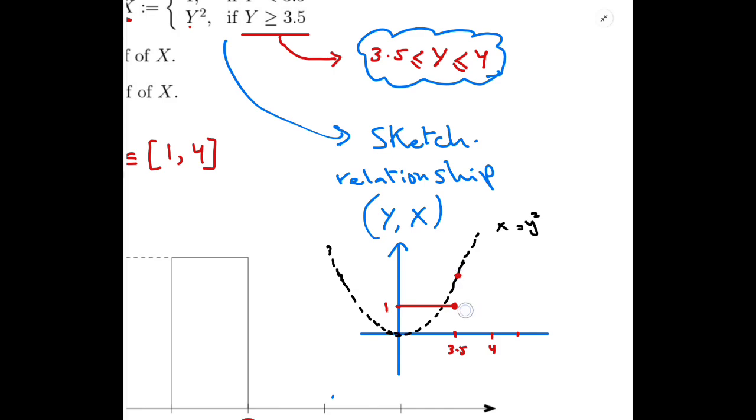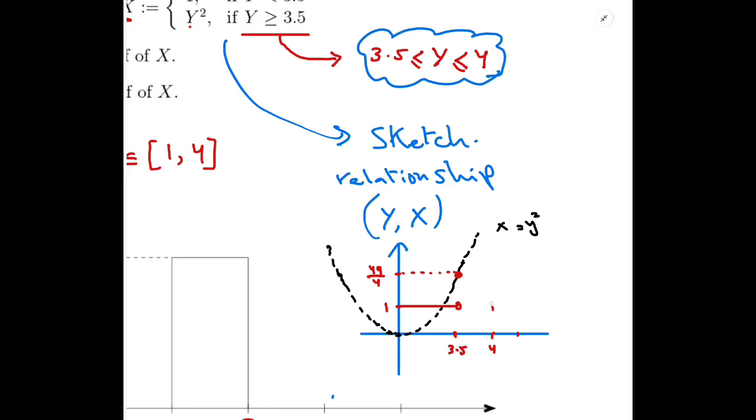First of all, we have to know that this is an open circle, and here we have a closed circle, and this point is 3.5 squared, which is 7 over 2 squared, which is 49 divided by 4.